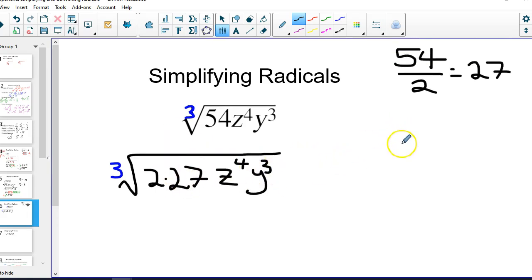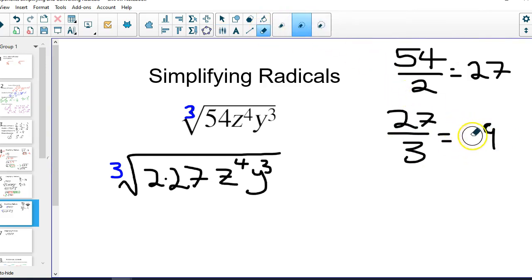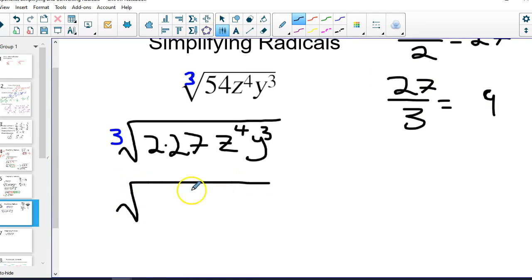I know 27 is going to break down because 3 goes into it. So we get 3 times 9. Oh, I don't need this 3 here. Oh, give me my eraser, please. Thank you. So 27 divided by 3 is 9. So our 27 breaks down into 2 times 3 times 9, z to the 4th y cubed.